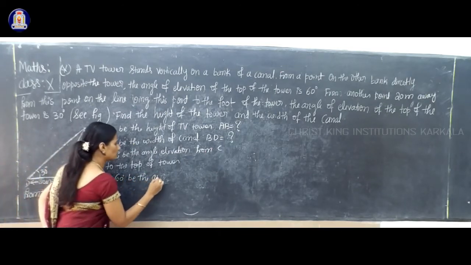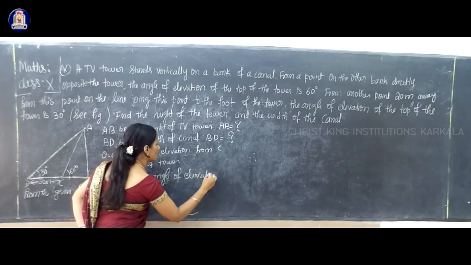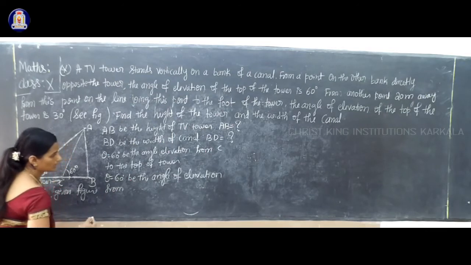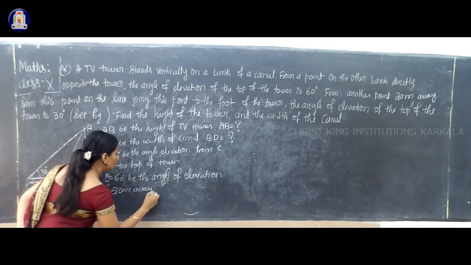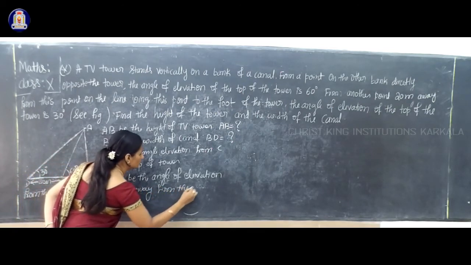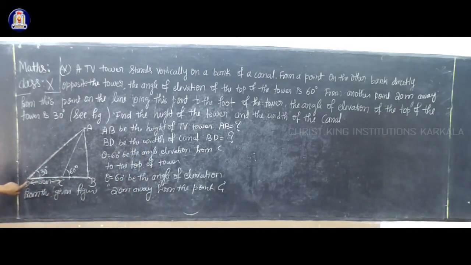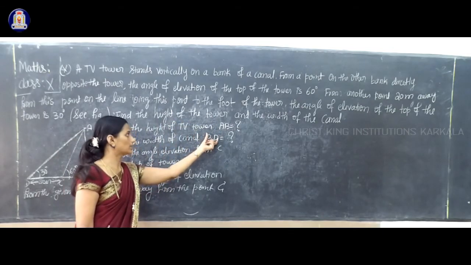The angle of elevation from 20 meter away from the point C is 30 degree. So now what to find out here? AB, the height of the tower, and the width of the canal, that is BD.